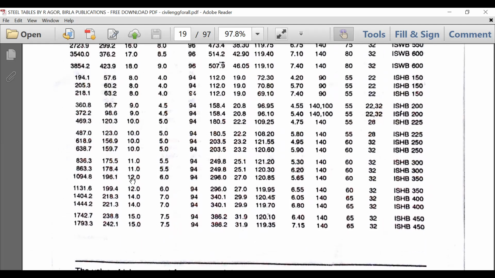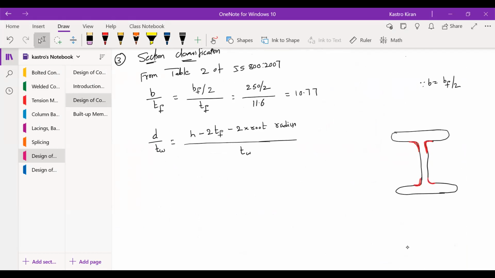Let's note down this value, 12 mm, in the calculation part. Therefore, radius at root, that is R1, equals 12 mm from the Steel Tables book, obtained for ISHB 350.